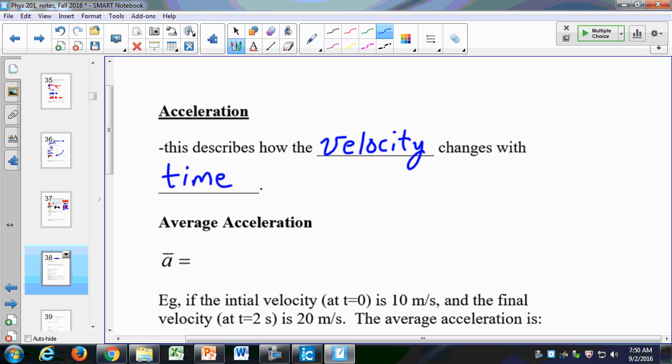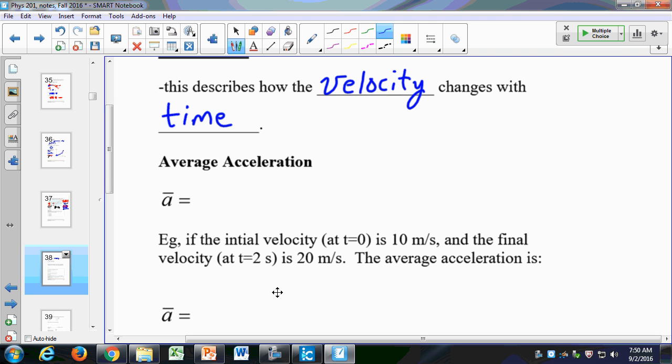And just as we dealt with how the position changed with time and velocity, we're going to do basically the same thing here. And the same definitions will fall out as well. So our average acceleration is going to be delta v over delta t. This is how our velocity changes over a particular interval.